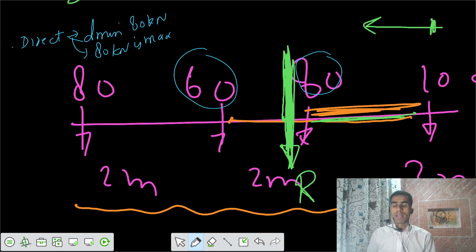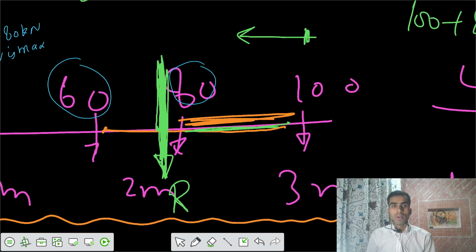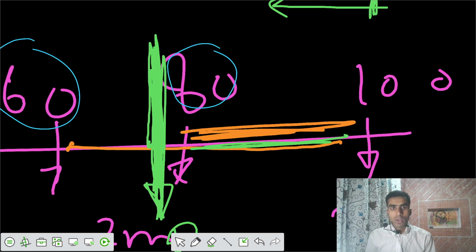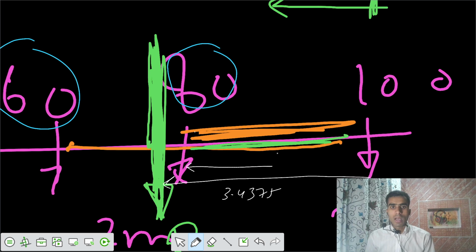So what is the value of D minimum? If the total was from this side to this point, it was 3.4375, but to this one it was 3 meter. So this is your D minimum, which equals 0.4375.